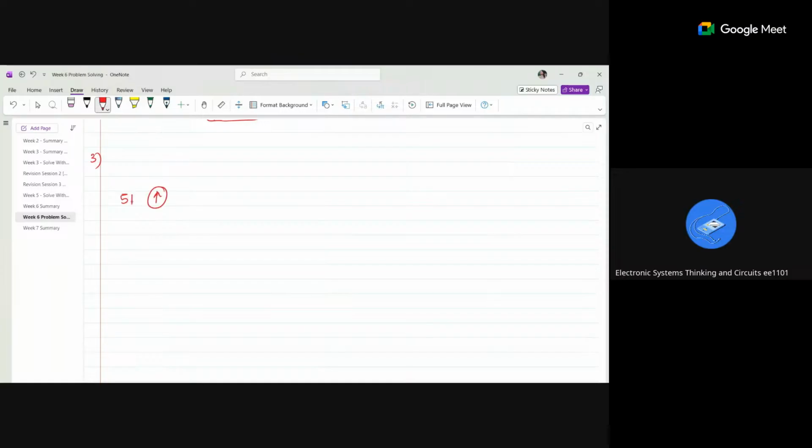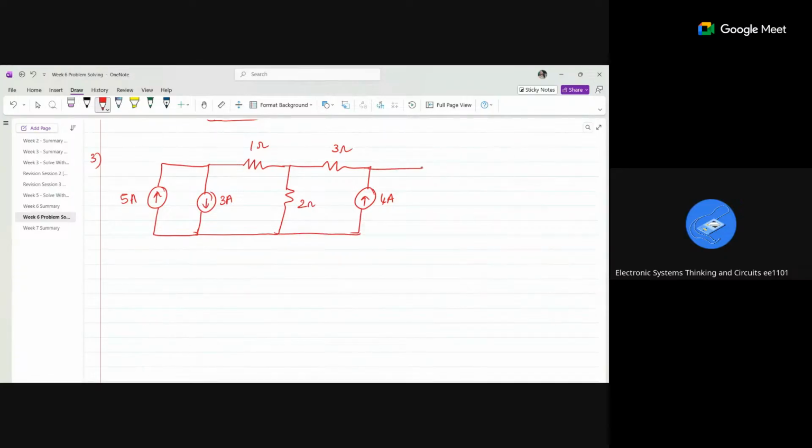There is a 5 ampere current source connected in parallel with a 3 ampere current source. Then there is a 1 ohm resistor, then a 2 ohm resistor, again a 3 ohm resistor, a 4 ampere current source, and a 6 ampere current source.